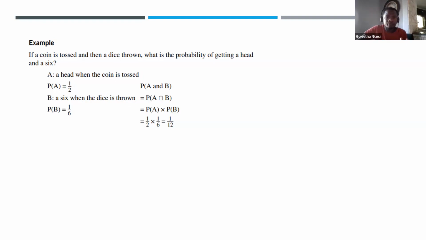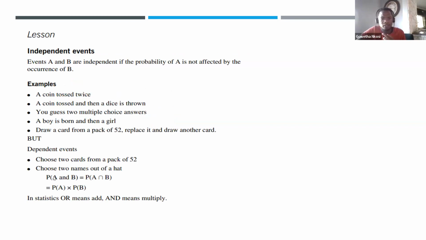So now these are your probabilities. Now you must calculate the probability of getting a head and a 6, the intersection of the two events. Remember, when you have to choose both, we have to multiply.